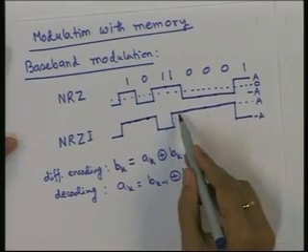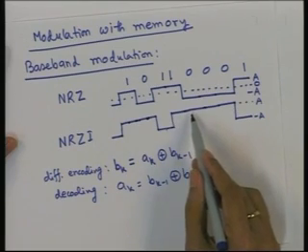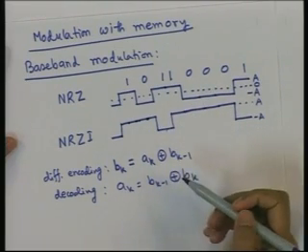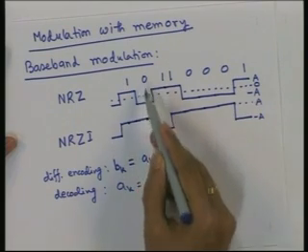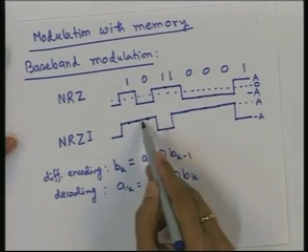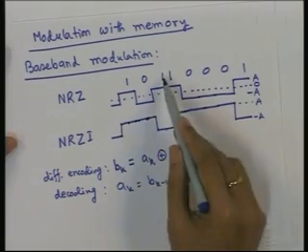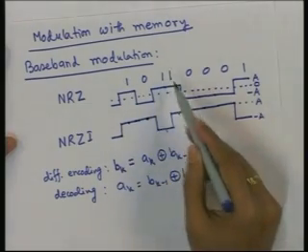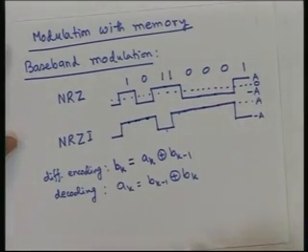So you just take two consecutive symbols, two consecutive time slots, XOR the levels you have got, and that will be the information bit. Take this XOR this, this will be this bit. These two are the same levels, so XOR will be 0. These two are different levels, the XOR will be 1. These two are different, so 1. These two are the same, 0, and so on. So the decoding is very simple.